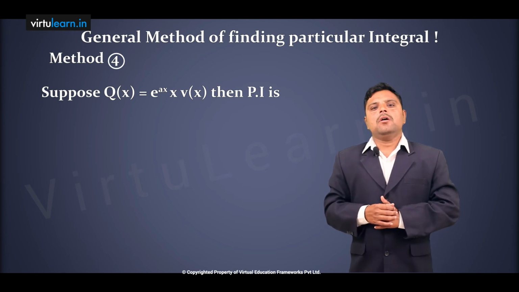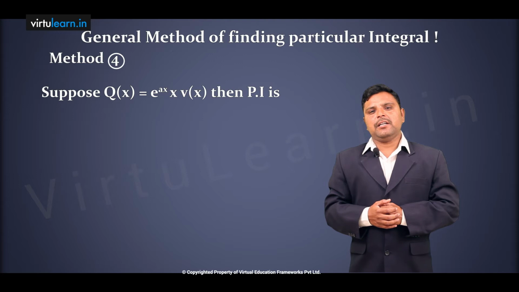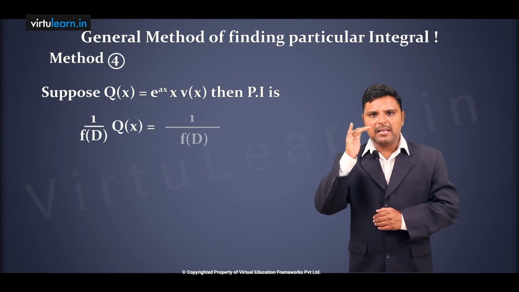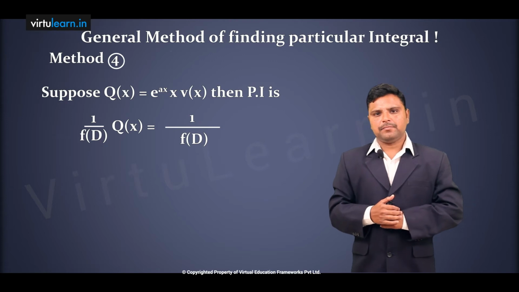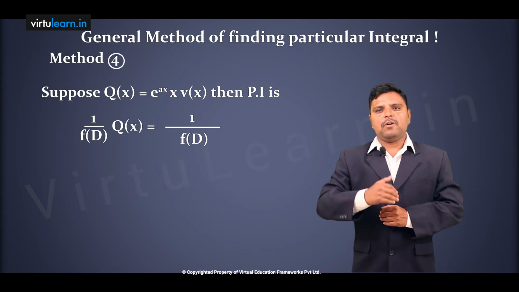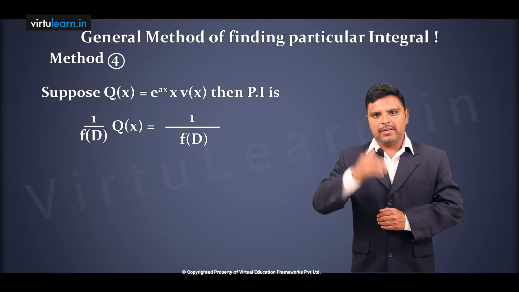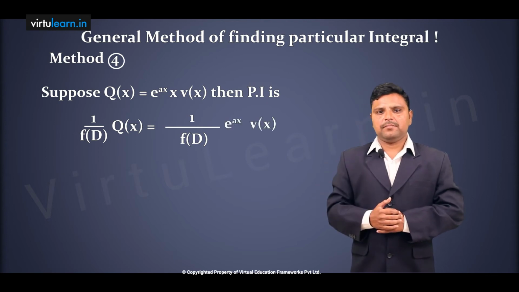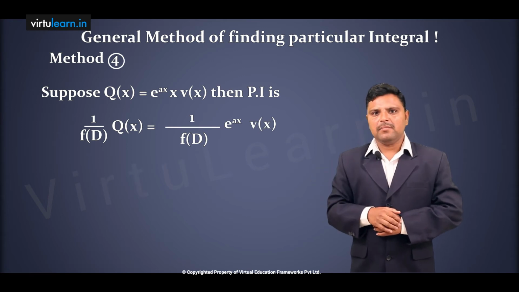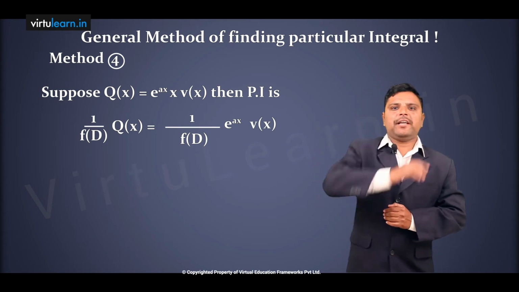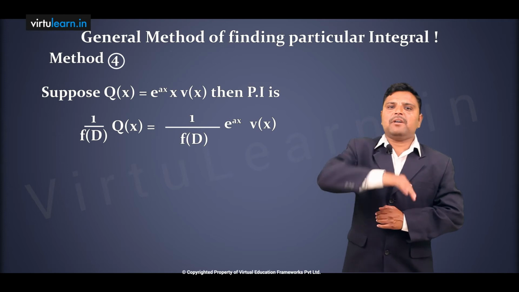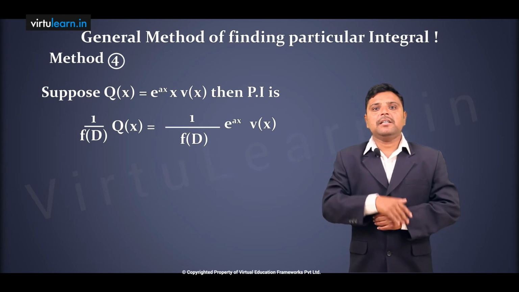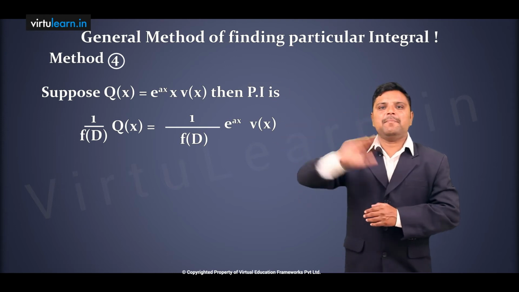Then the general formula for this particular integral, 1 by f of d into q of x, where q of x is already in the form e power ax into v of x. If it is in that form, you can write e power ax outside of the 1 by f of d. When you are writing it outside of the 1 by f of d, then replace d by d plus a.